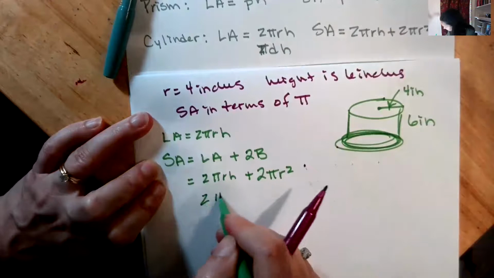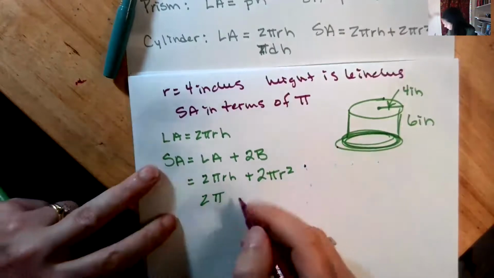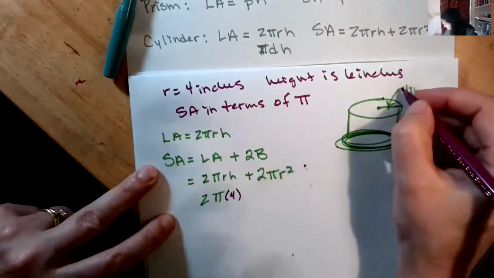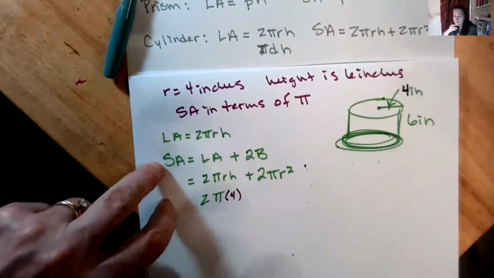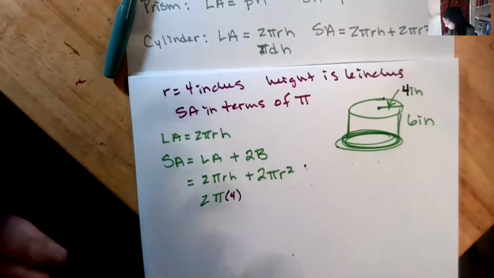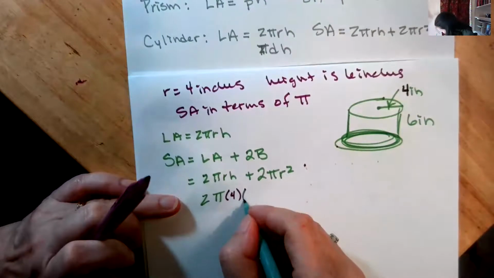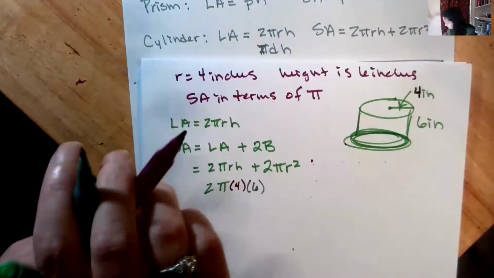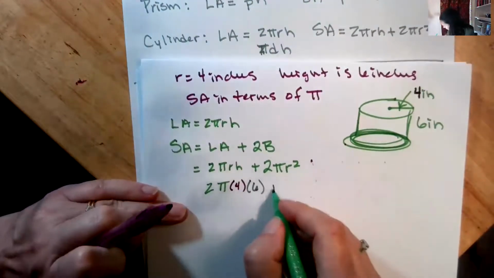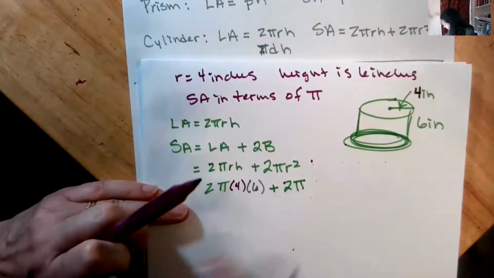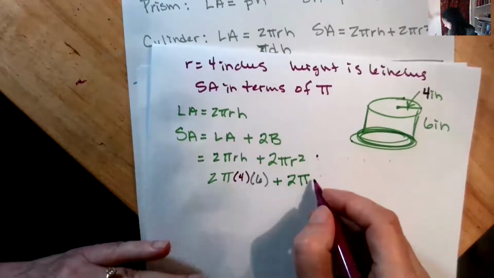So I have 2 pi times the radius, which is 4, times the height, which is 6, and then my radius squared.